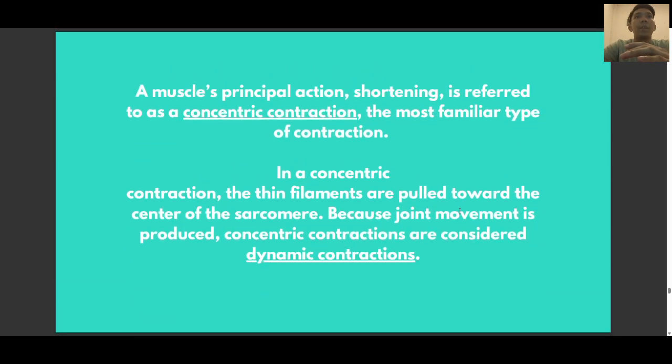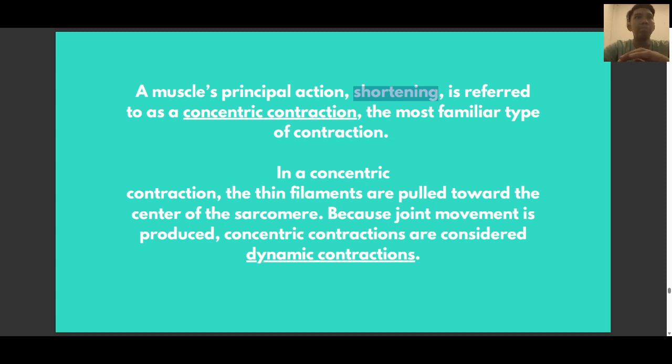A muscle's principal action, or when we say shortening, is referred to as concentric contraction. This is the most familiar type of contraction. So remember, when we say shortening, the type of contraction is concentric, right?